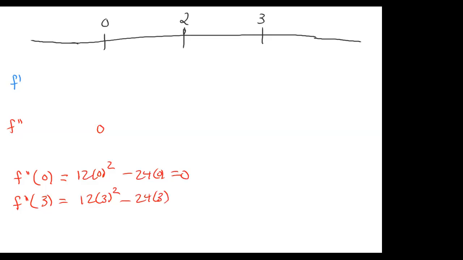All that I really care about is that this value is positive. If you put this into your calculator, you're going to get a positive number. So the second derivative is positive there.